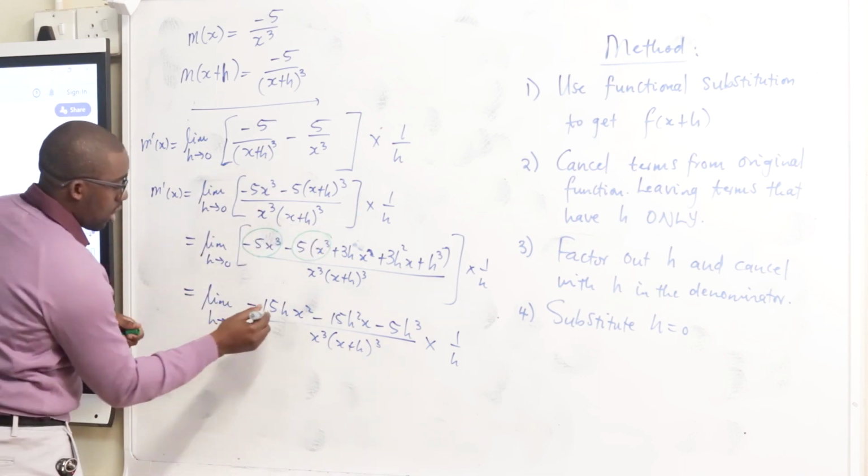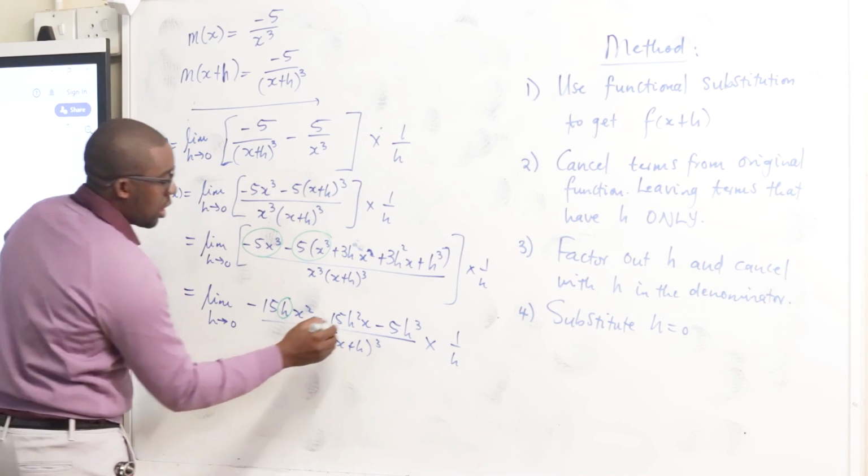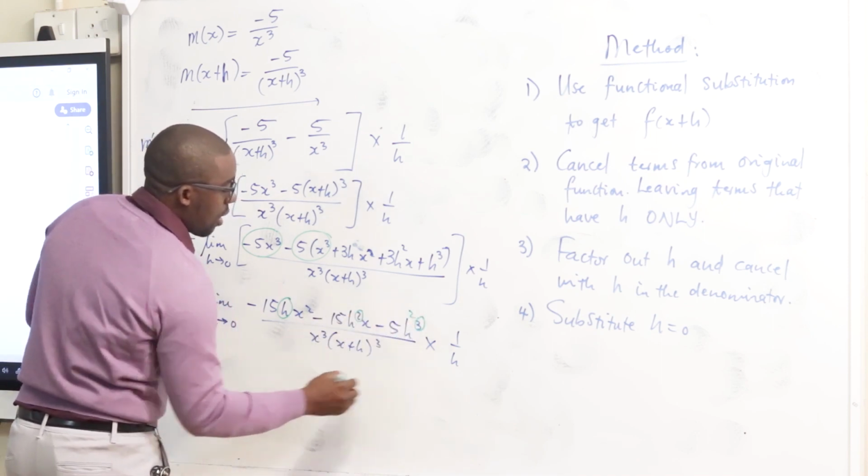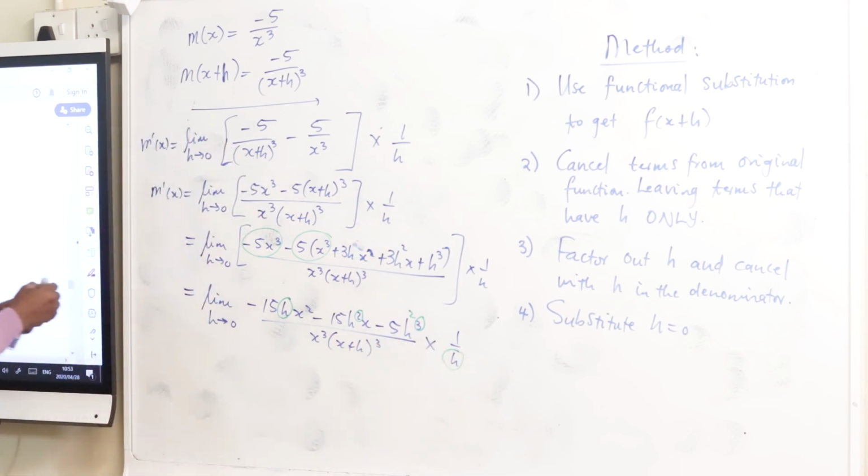So this h is factored out. Here this goes away, leaving a squared, but it will cancel that h.